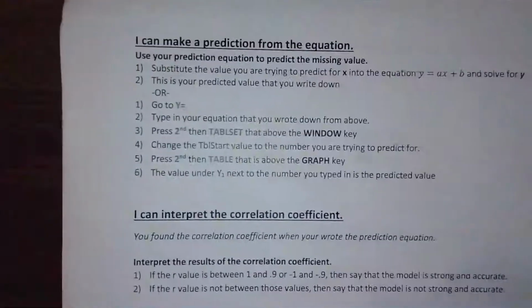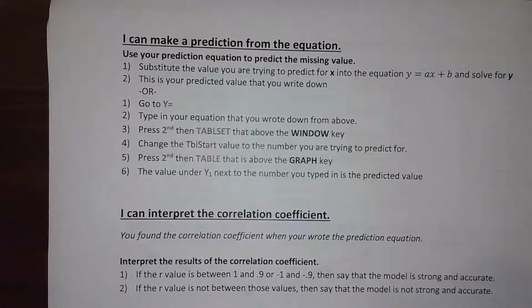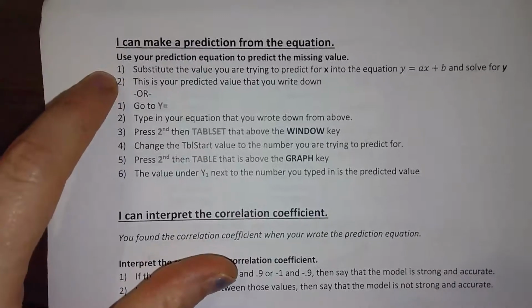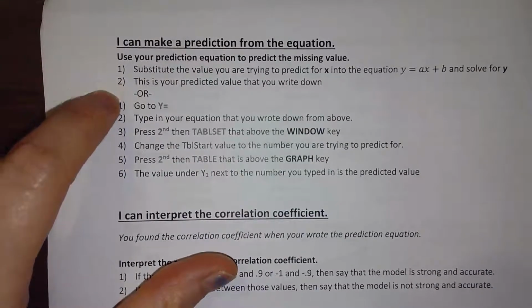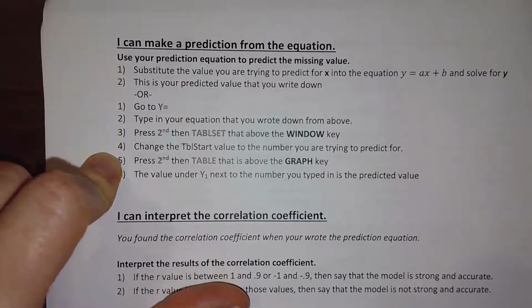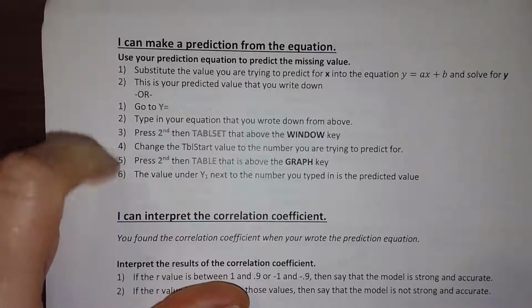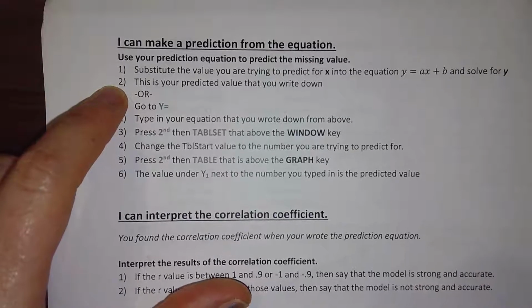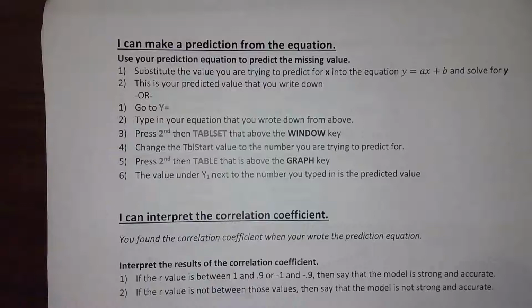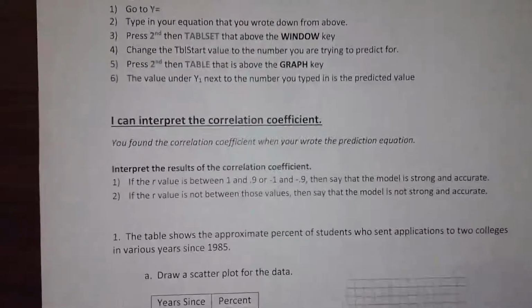And then on the back side, when you make your prediction equation, you're going to substitute in a value, or you can go through this process here. I don't do this 6-step process, I just do the first two. And then you're going to interpret your correlation coefficient.